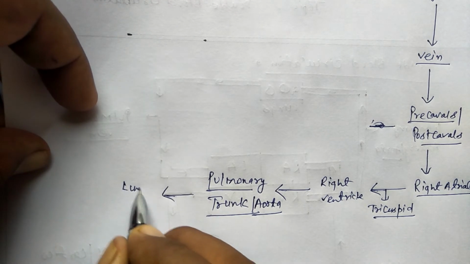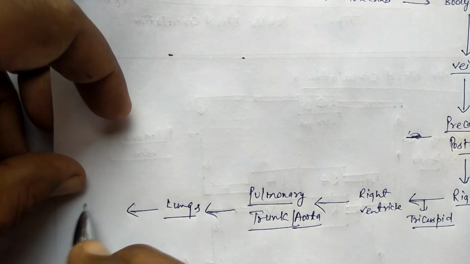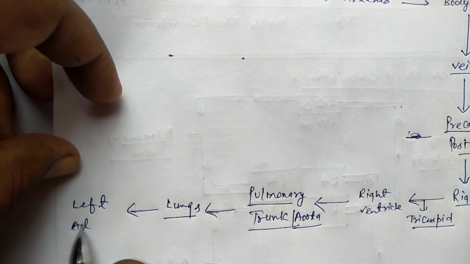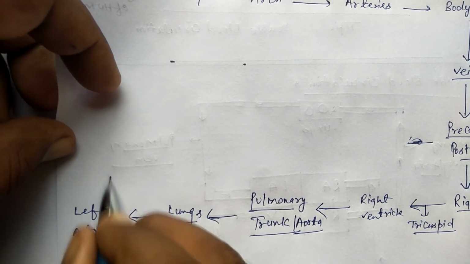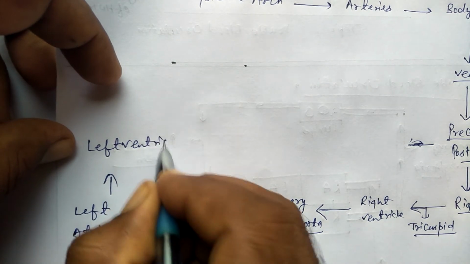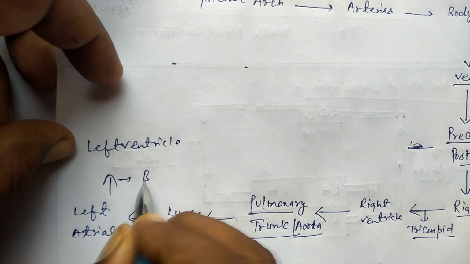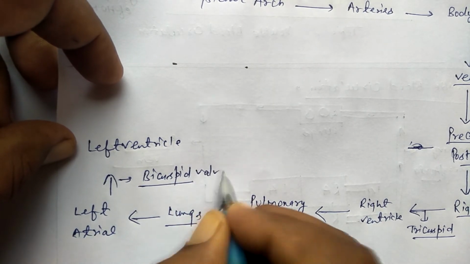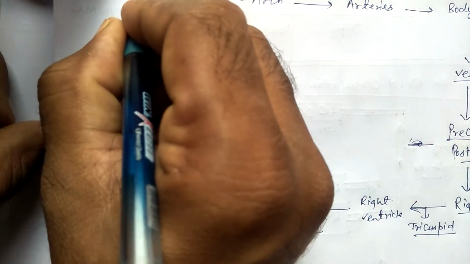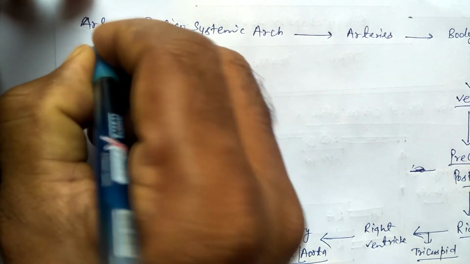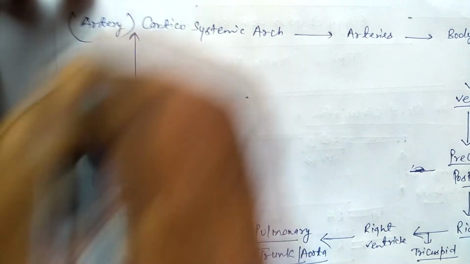Next, blood goes in lungs for purification, and purified blood goes into the left atrial part, again to the left ventricle part through the bicuspid valve, and from the left ventricle to the corticosystemic arch or artery.